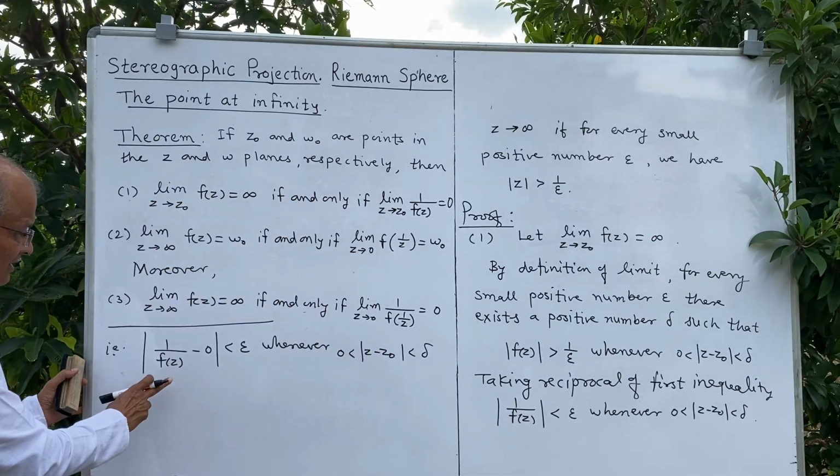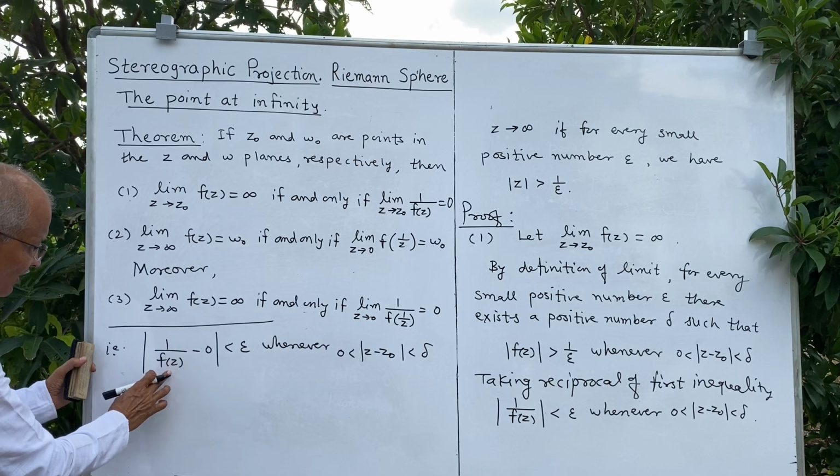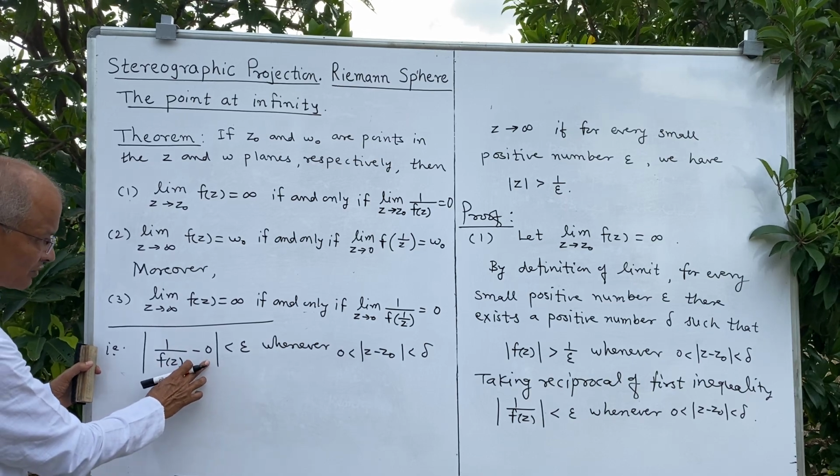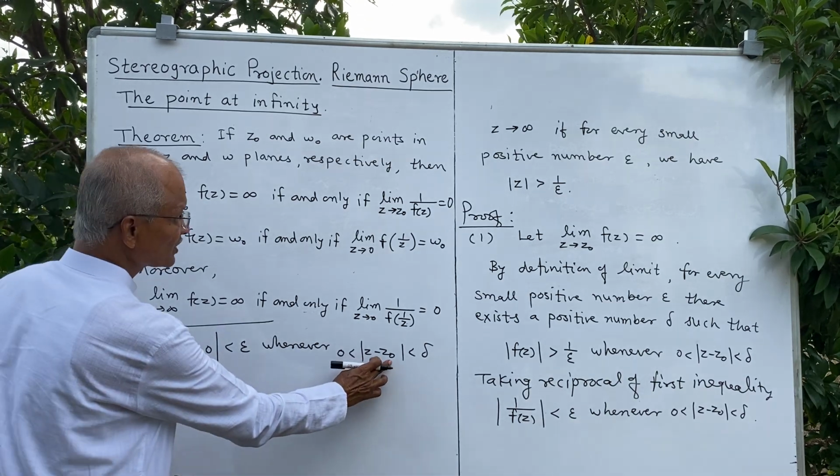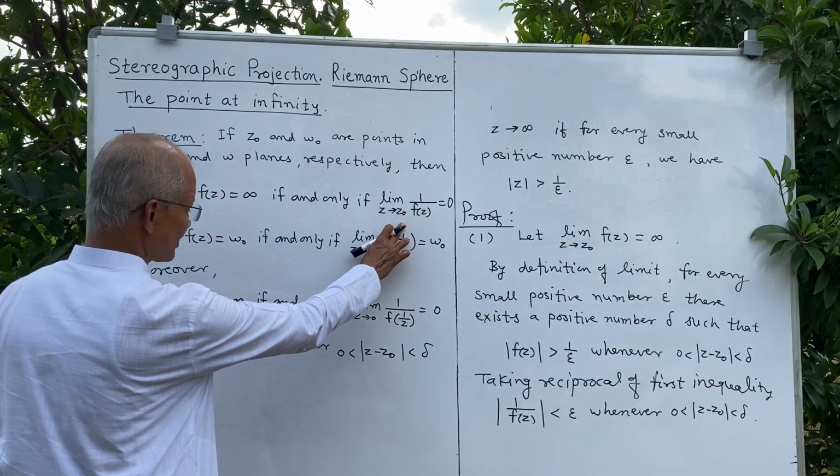And what does this imply? This implies the limit of 1 over f of z is equal to 0 as z approaches z naught. So this is what we wanted to prove.